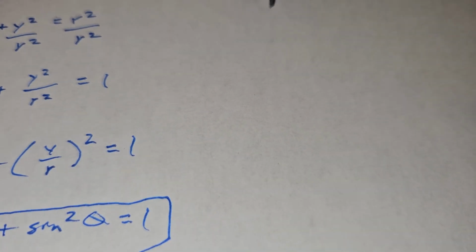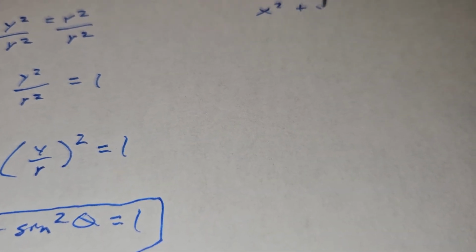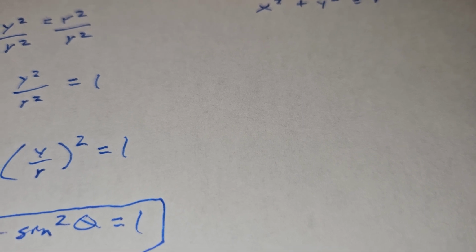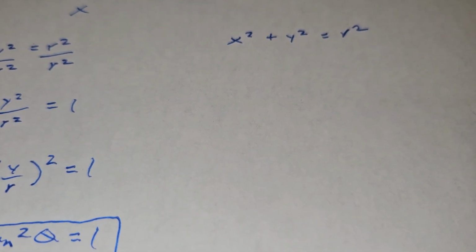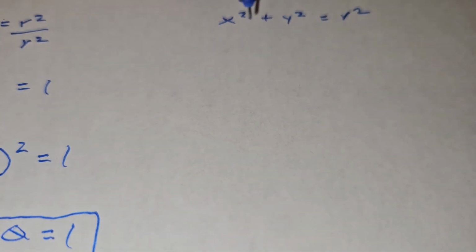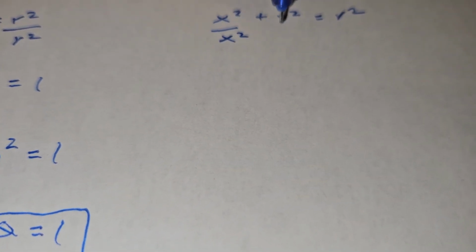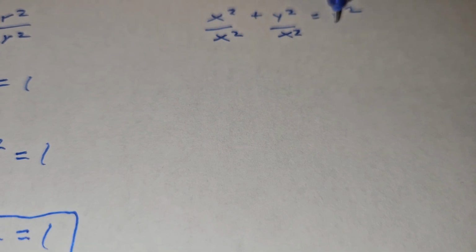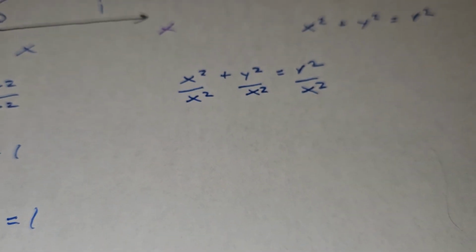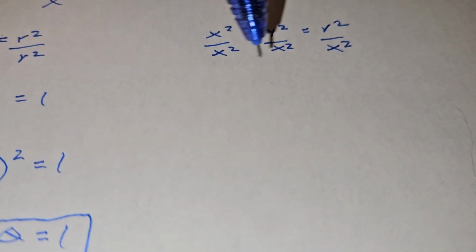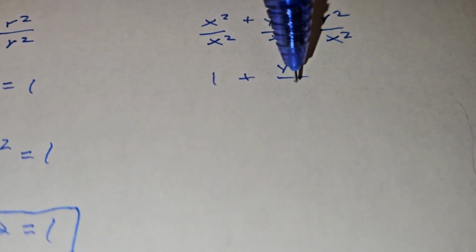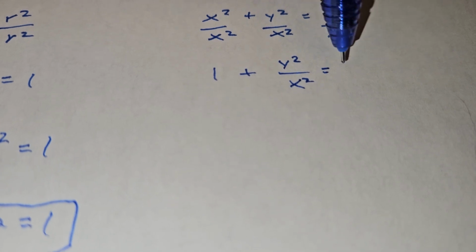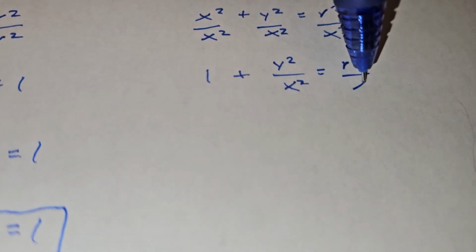So let's start again with x squared plus y squared is equal to r squared. Let's divide everything by x squared. This is equal to 1 plus y squared over x squared is equal to r squared over x squared.